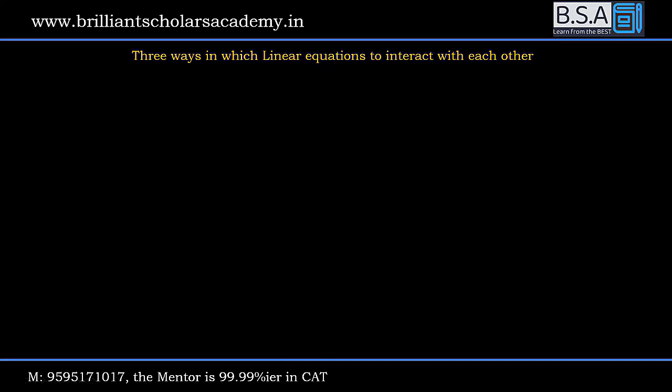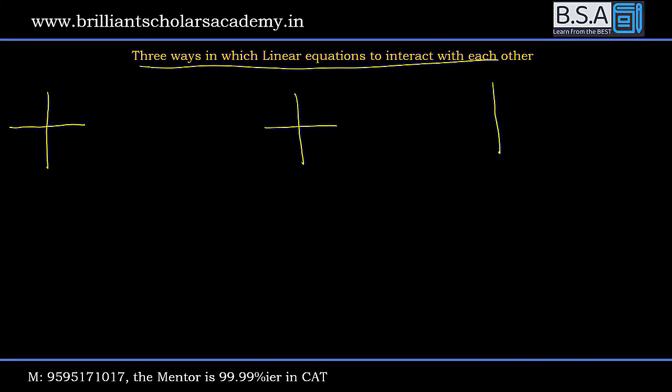Now I can show you as recent as CAT 2021 application of this concept. See, if this is xy axis, and there are two equations. One is ax plus by is equal to c.